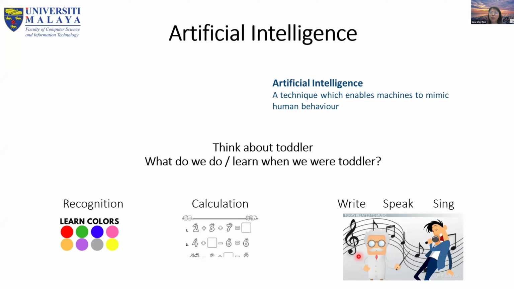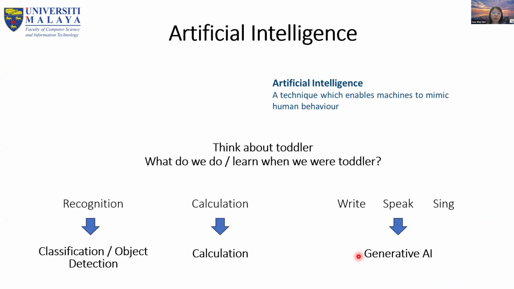So if we translate this to machines, it's really just recognition. In machines, we teach the machine how to do classification, object detection, and calculations. For write, speak, or sing, it's generative AI. Write, you can think of it like ChatGPT. It can write a good sentence for you.